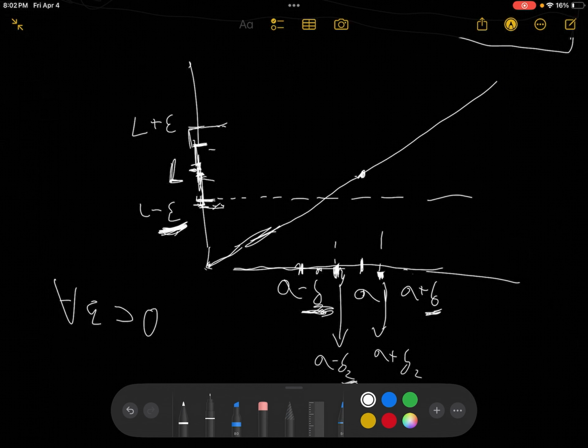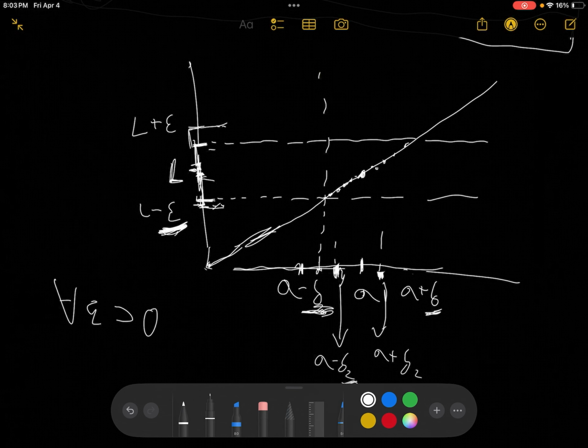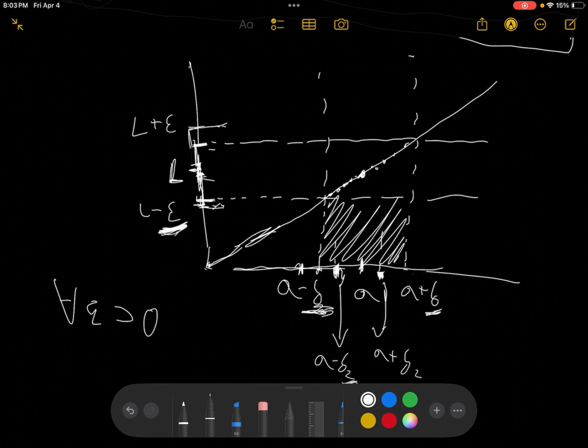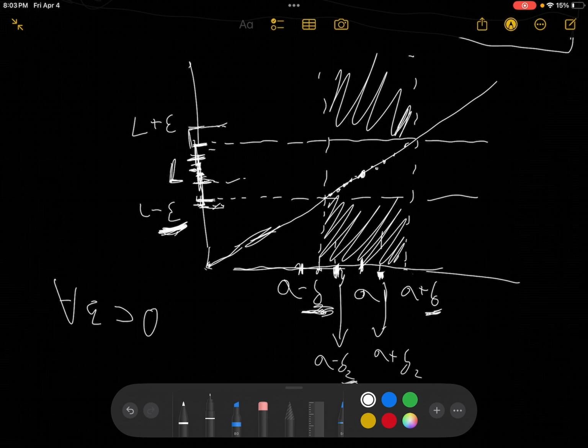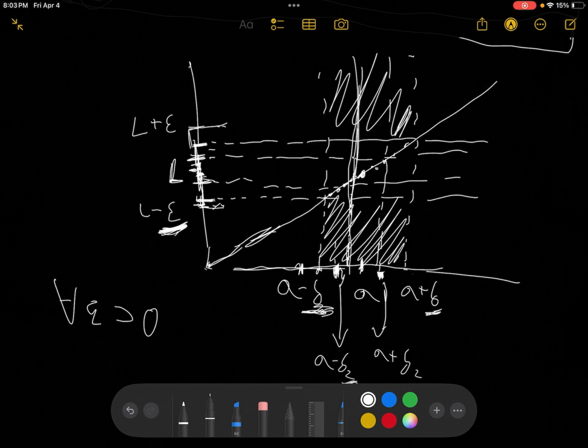Like if we take this one, what we need to do is find one specific value of delta where we can create this box where all of the values of the function are outside the forbidden regions. If we take a smaller interval, we need to find a new delta to create a new box that keeps all the function values outside the forbidden regions.